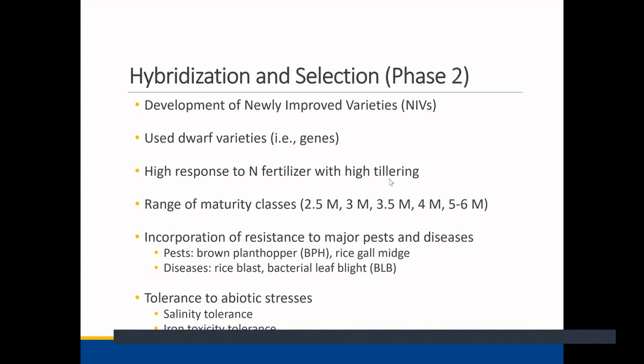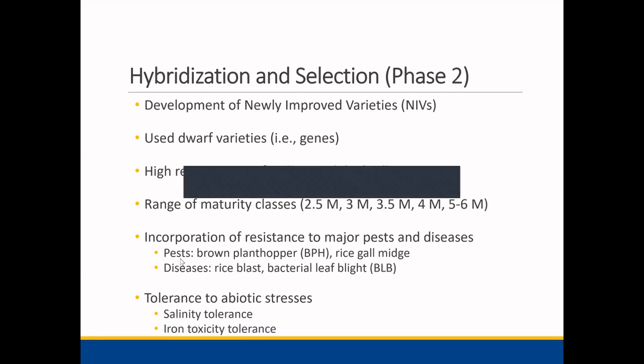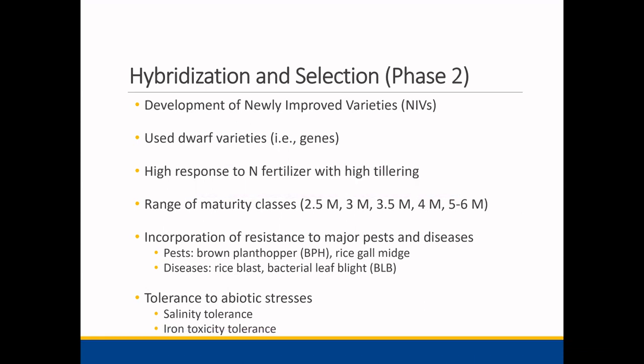These newly improved varieties. So in this phase two, in developing newly improved varieties, we have incorporated resistance to major pests and diseases. If you take pests, these are the major pests considered to incorporate the resistance, like BPH, that's brown plant hopper, and then rice gall midge, right?